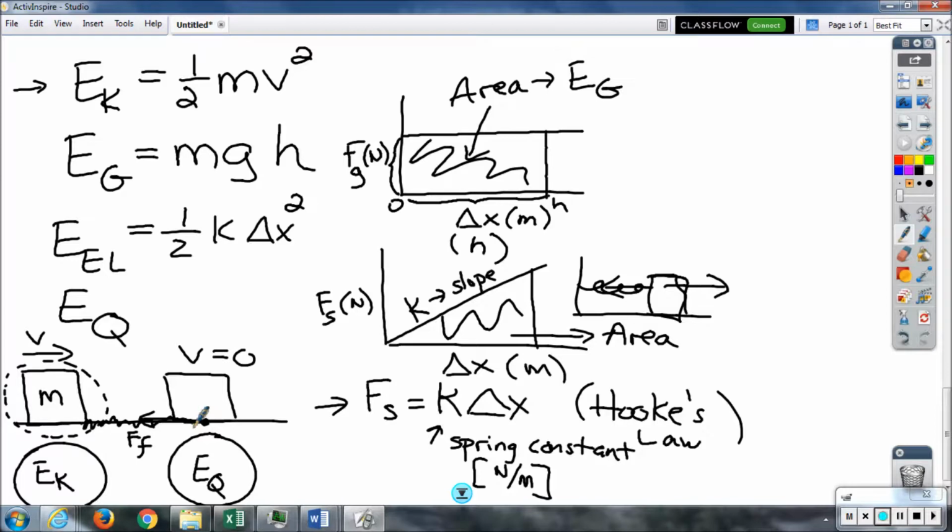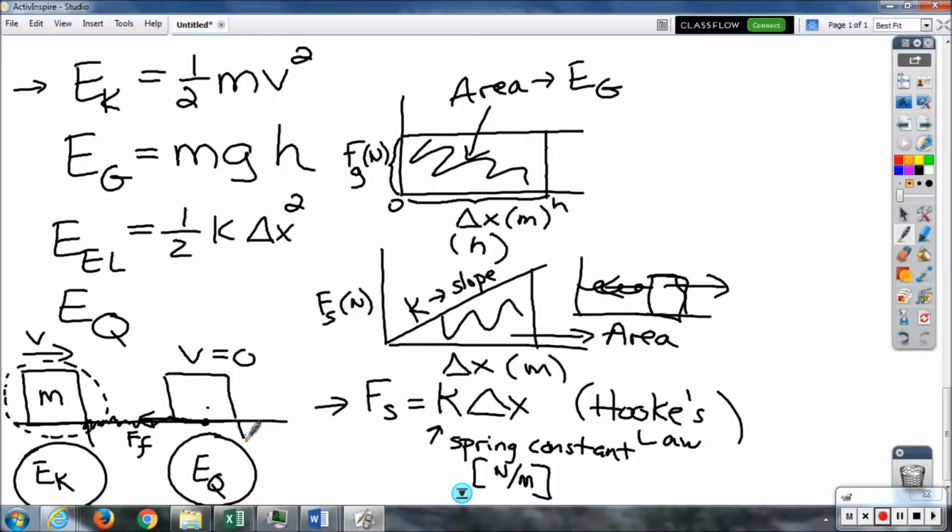But because we know that the energy that we accumulated in the form of EQ was done by the negative work from friction, then we can actually use that to determine a couple different things depending on what we have. Let's say we wanted to know how far this box traveled before it came to a stop.